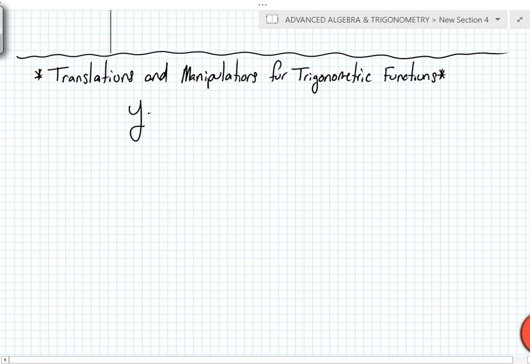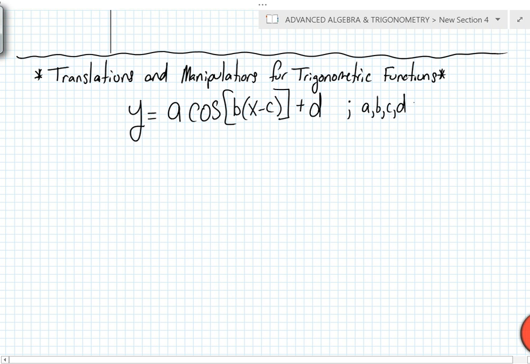I'm going to say y is equal to little a times the cosine, square bracket, b times parenthesis x minus c, plus d. And we should probably say that a, b, c, and d, they're constants. They're elements of the real number system.